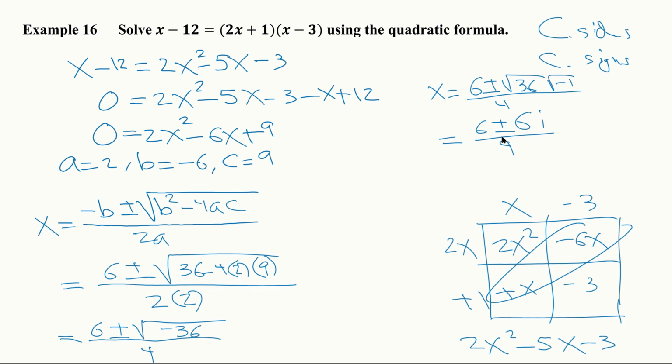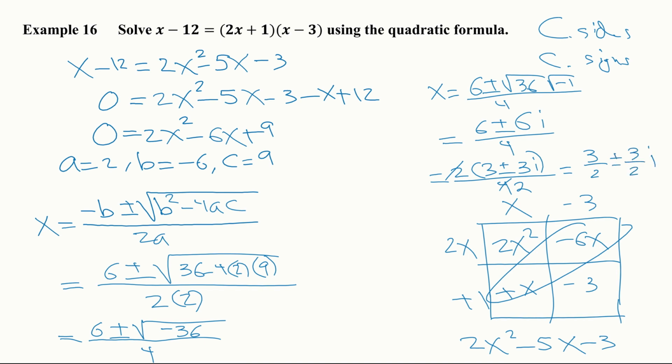What's the common factor? 2, right? So if we factor out a 2 on the top, we get 2 times 3 plus or minus 3i over 4. Now I can go ahead and cross cancel legally the 2 and the 4 to leave me a 2. So I get 3 halves plus or minus 3 halves i.